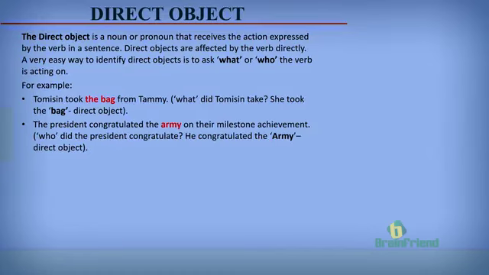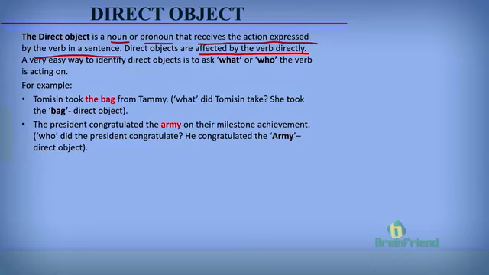Now, let's look at the direct object. The direct object is a noun or pronoun that receives the action expressed by the verb in a sentence. They are affected by the verb directly.